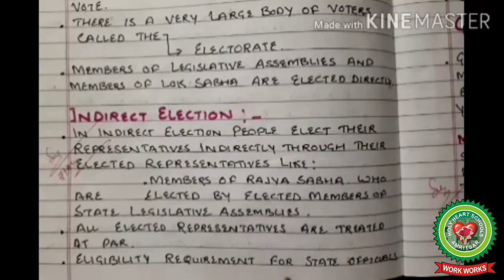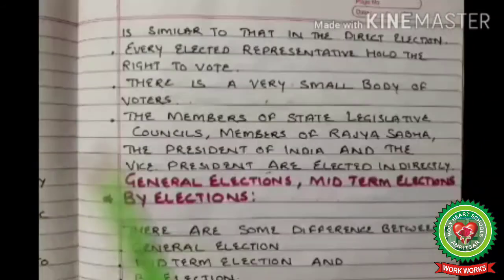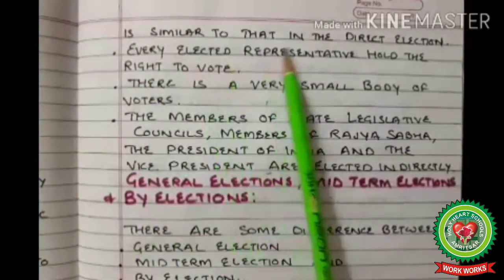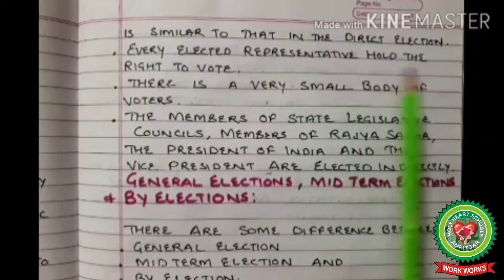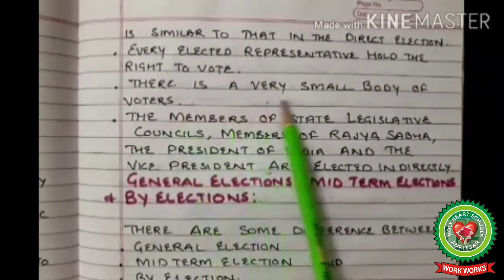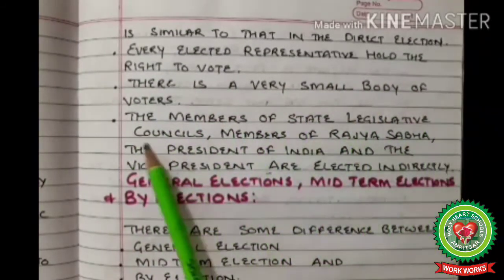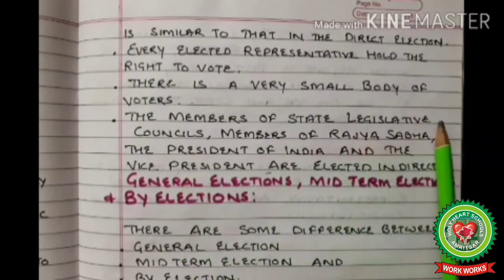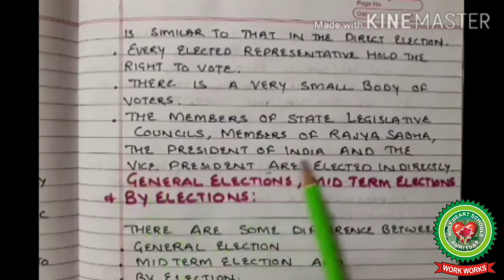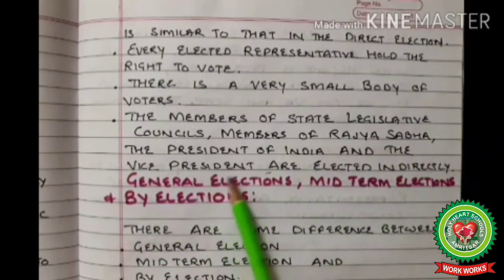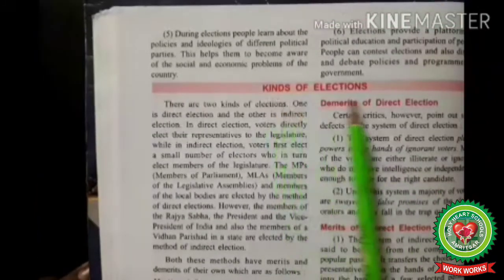Eligibility requirements for the state officials is similar to that in the direct election. Every elected representative holds a right to vote. There is a very small body of voters. The members of the state legislative council, members of the Rajya Sabha, the President of India and the Vice President are elected indirectly.